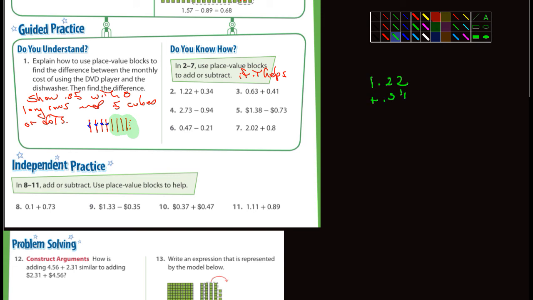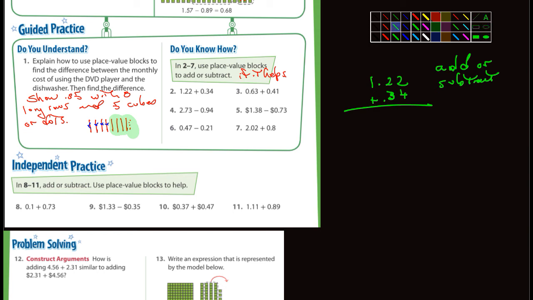Notice how I'm lining up the decimals. This is important. When you add or subtract, you always line up the decimals. You can see right here, the 2 decimals are nicely lined up.